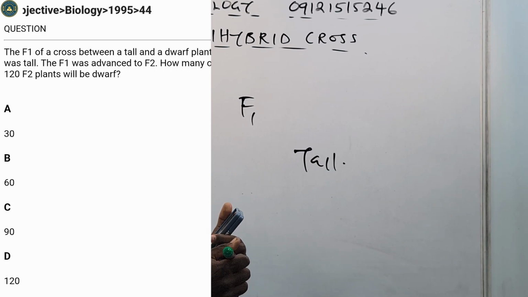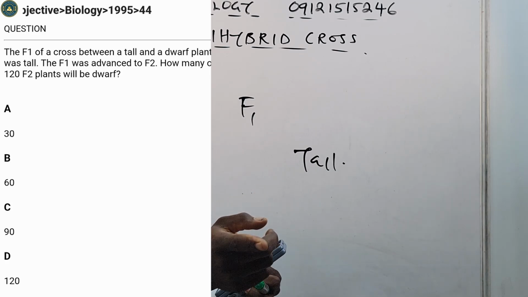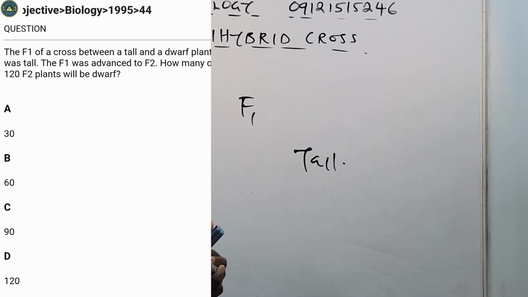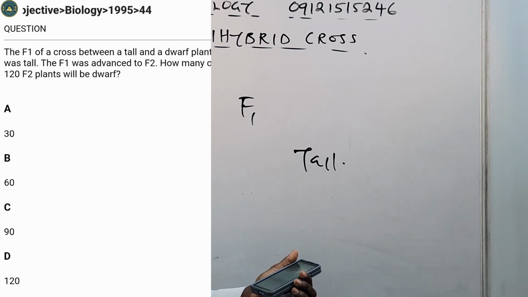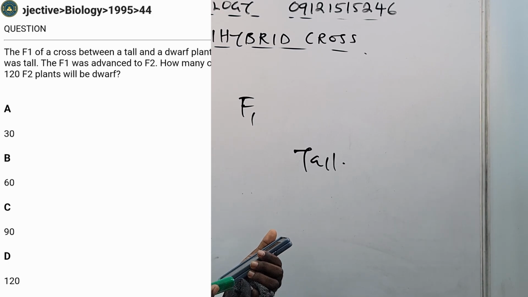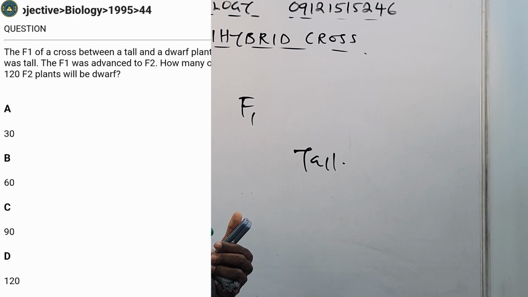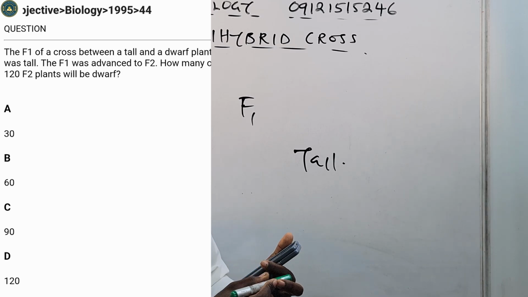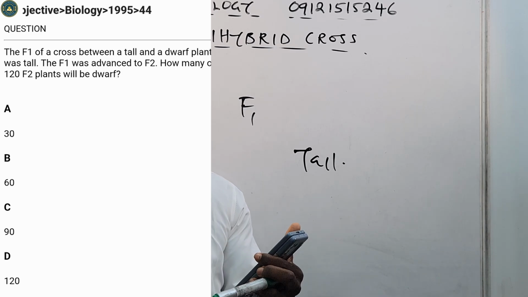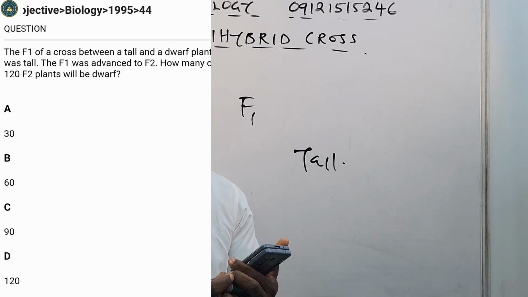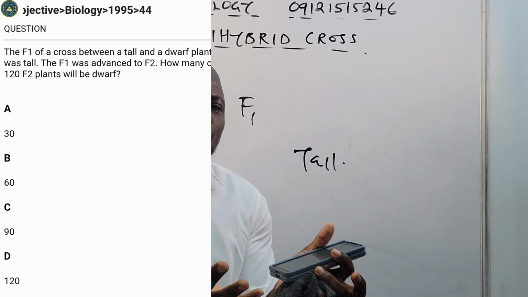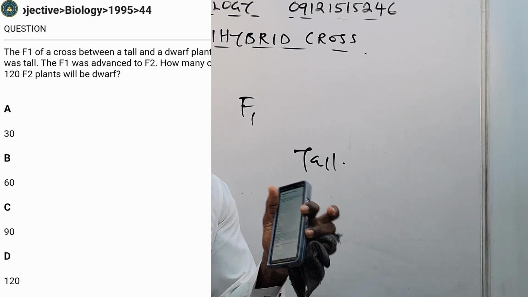Now they say the F1 was advanced to F2, so let us self-pollinate the F1 and see what we are going to get. How many of 120 F2 plants will be dwarf? Out of 120 F2 plants, how many will be dwarf?